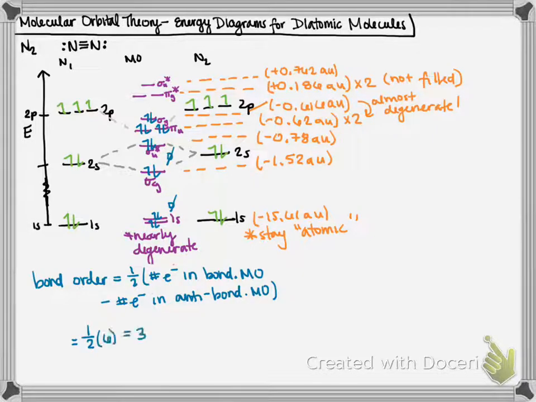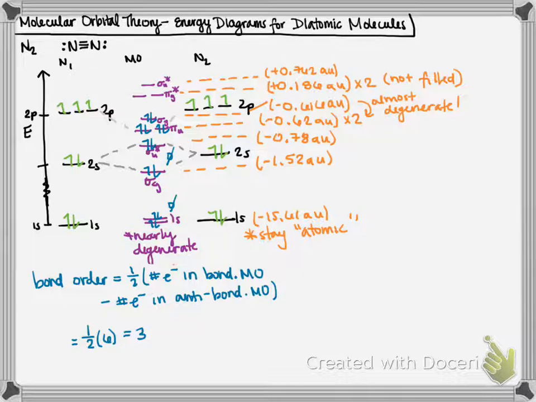You should get 1/2 times 6, or 3, because you'll notice that in the 1s orbitals you have just as many bonding as anti-bonding, or we could really call both of those non-bonding as opposed to bonding or anti-bonding. They're non-bonding because they're basically still atomic orbitals. There's no bond present, so they have 0 contribution.